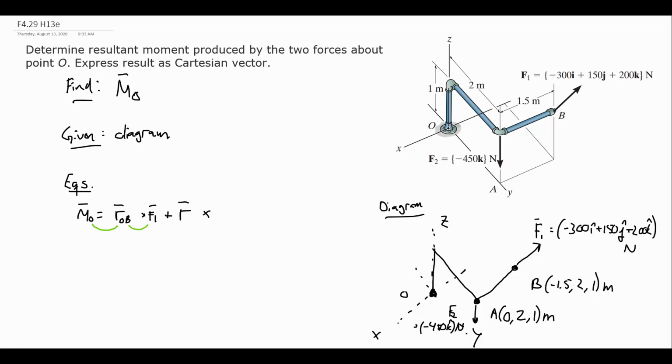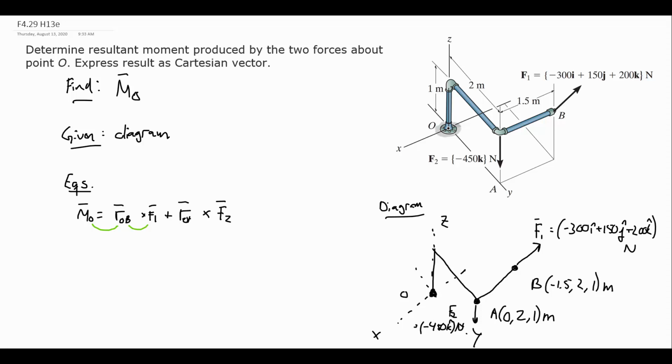So r cross F2. Again, it will start at O because that's the point I need to know the moment about, and then it will end at any point that F2 passes through or its line of action passes through. So I did here put A as a point that F2 passes through. So that's why I'm going to use r_OA here.